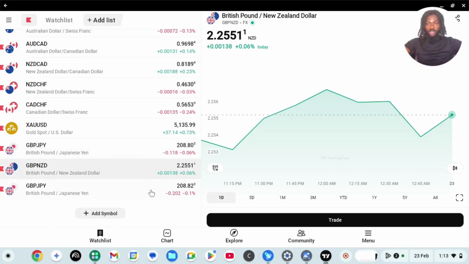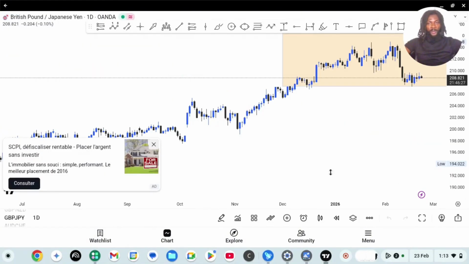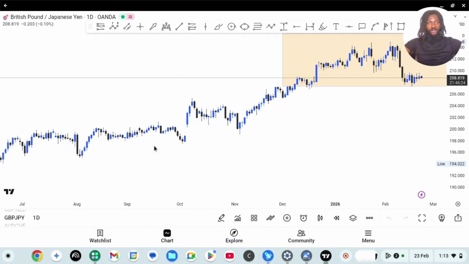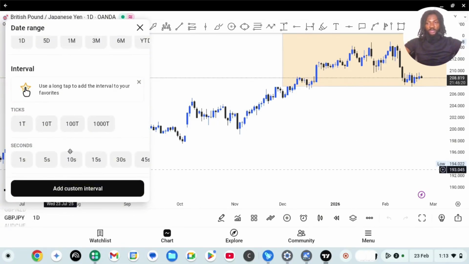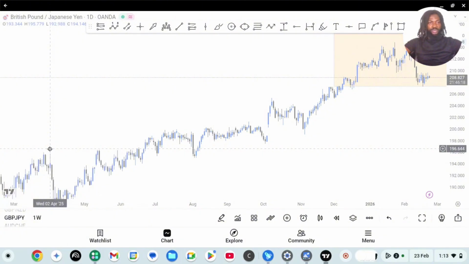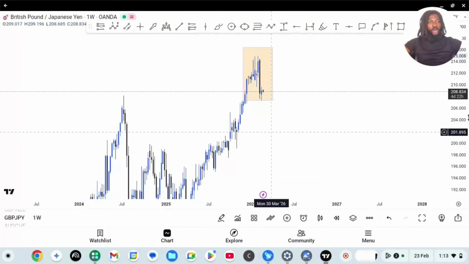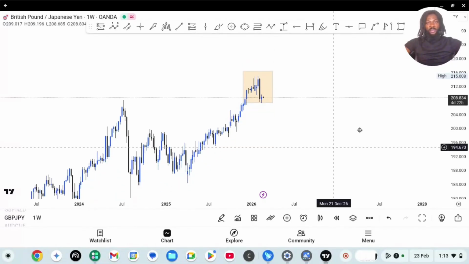Let me use GBP/JPY. Let's start from the weekly time frame. Now, as you can see, we're in a weekly time frame.